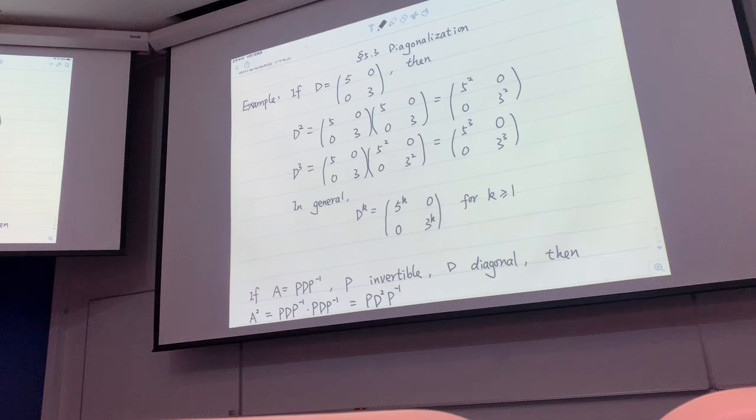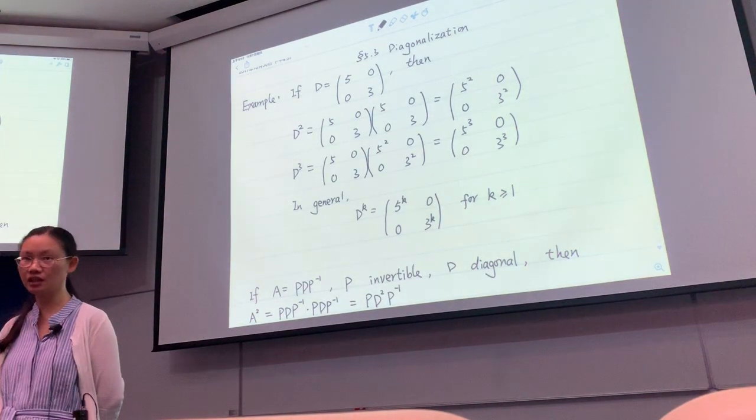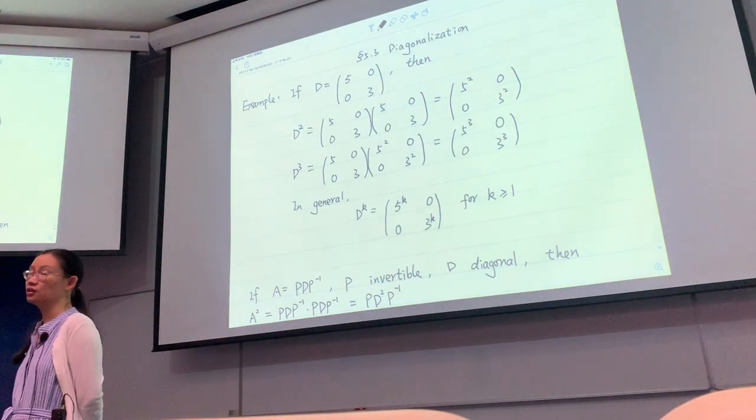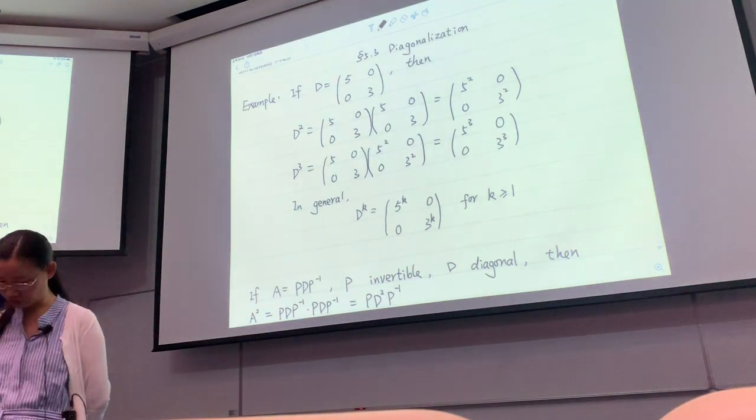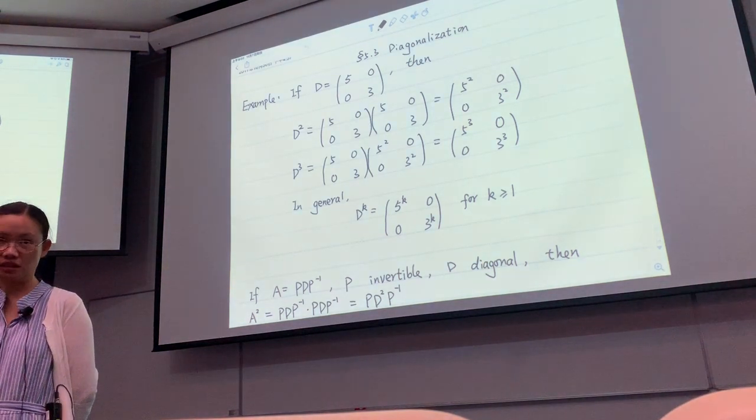Those are very important properties. In today's lecture, we will go further and utilize those properties and the derived eigenvalues and eigenvectors to do the matrix decomposition.